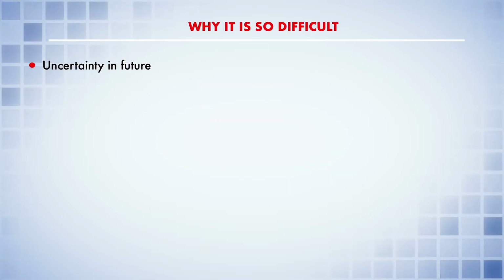It is always said that facility location or plant layout is very difficult, or in other words, it is a complex procedure. Why is it so? If you think on this issue, you will find that the most important issue is the uncertainty in the future.